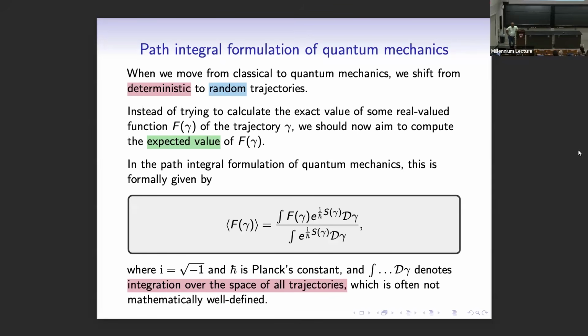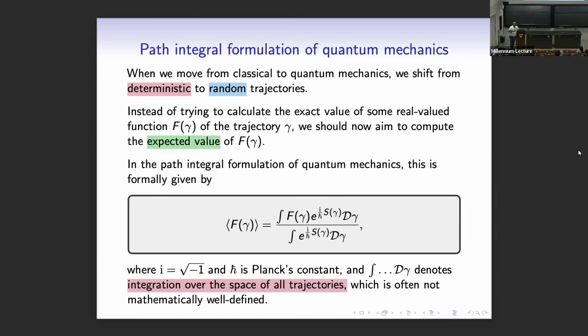The expectation value of this function of the trajectory is this ratio, where the numerator is, you take the function f(gamma), you take e to the i over h-bar, where i is the square root of -1 and h-bar is Planck's constant, S(gamma) d gamma, and the denominator is the same except that you don't have the f. And this d gamma means that you integrate over all possible trajectories. So that's the path integral.